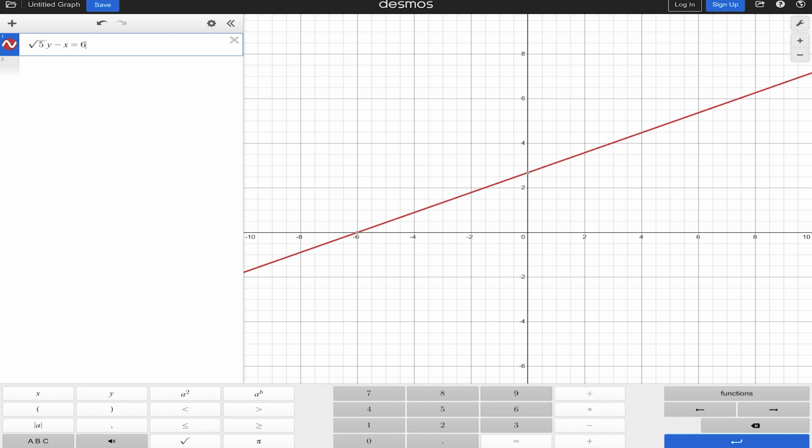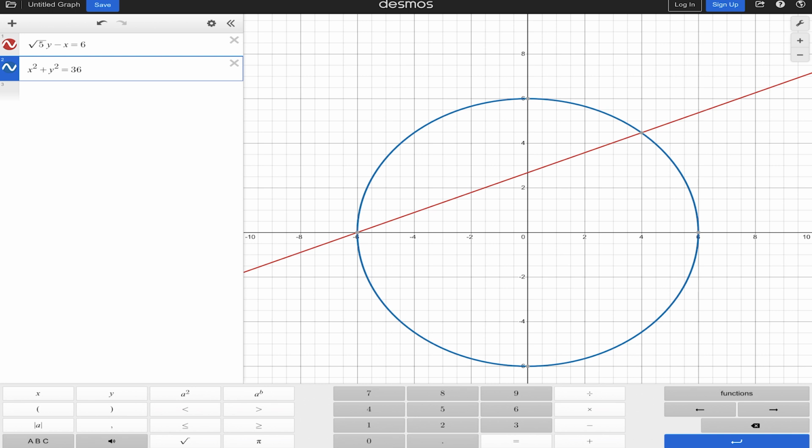And there's that graph. We can see that's a linear graph, a straight line. Then if we hit enter, we're going to put our circle graph in, and that one was x squared plus y squared equals 36. And there's our two graphs. And the solutions that we found, I'll zoom in for you.